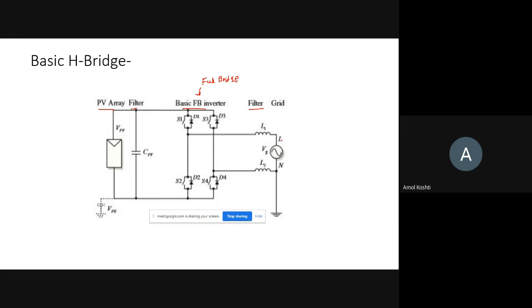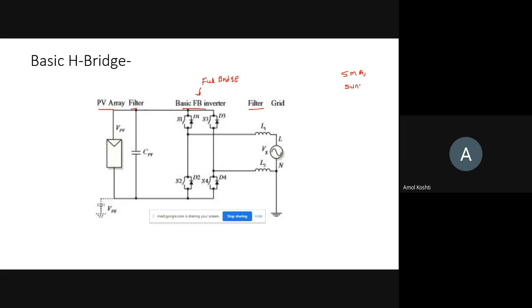So this is the basic topology, which was invented by various companies. SMA is one of the companies who manufacture this grid connected photovoltaic inverter.